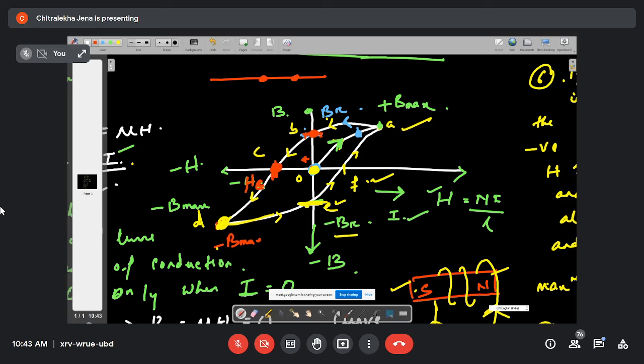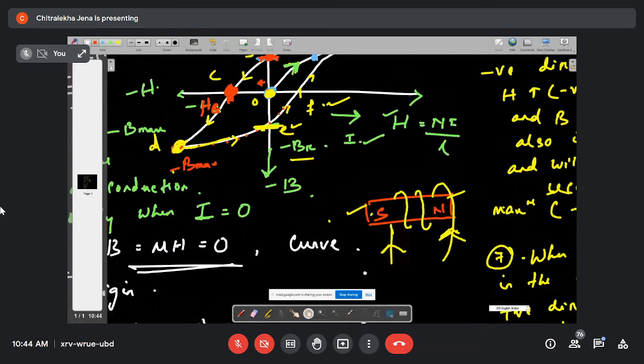Now at this point you see, H has become negative, B has become what? 0. At this point H is having a negative value, B is 0. Similarly, at any point you take, you see that B is lagging behind H. Understood? So that's why it is known as hysteresis loop.